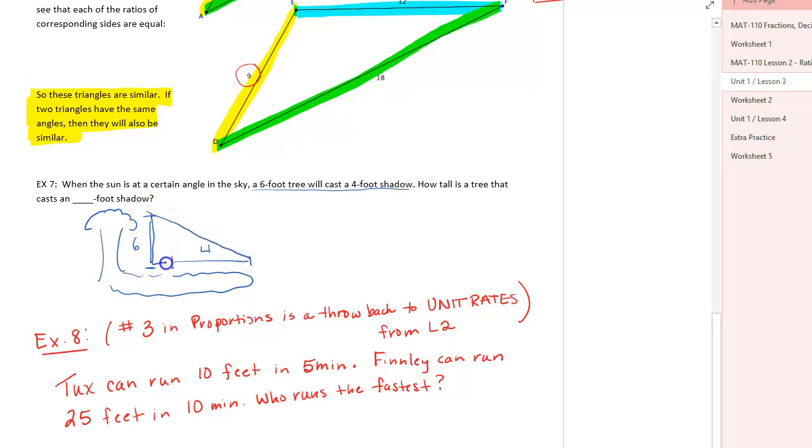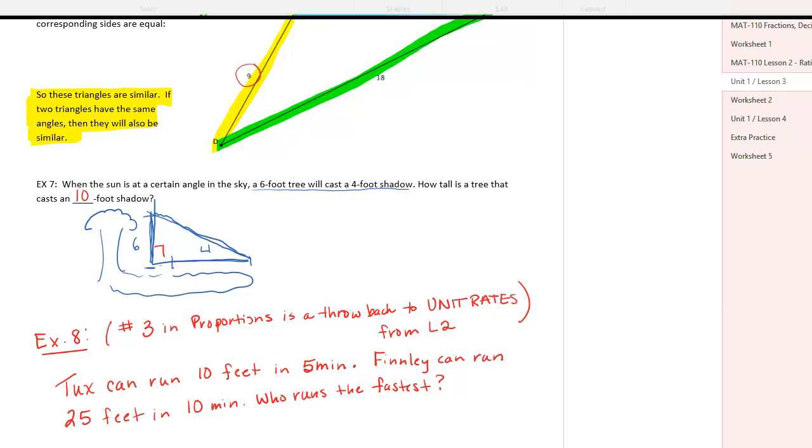And you can see that this forms a triangle. We look at the height of the tree, the length of the shadow, and this line here, which is the hypotenuse for this one, because this is a right angle. What we're asked to find is the height of a tree that casts, in this example, a 10-foot shadow.